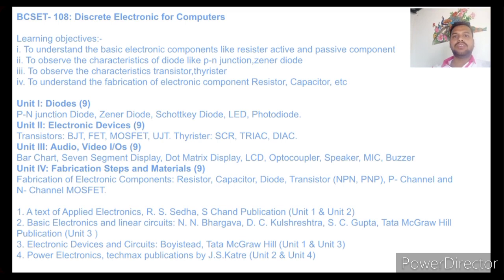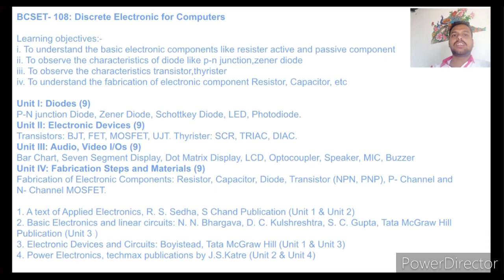and passive components. Second, to observe the characteristics of diodes like PN junction diode, Zener diode, light emitting diode, Schottky diode, photodiode. Third, to observe the characteristics of different transistors and thyristors.